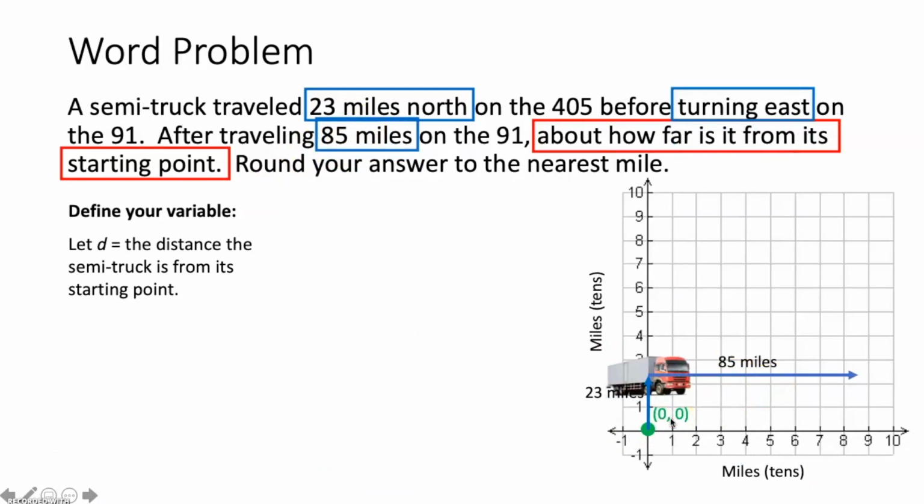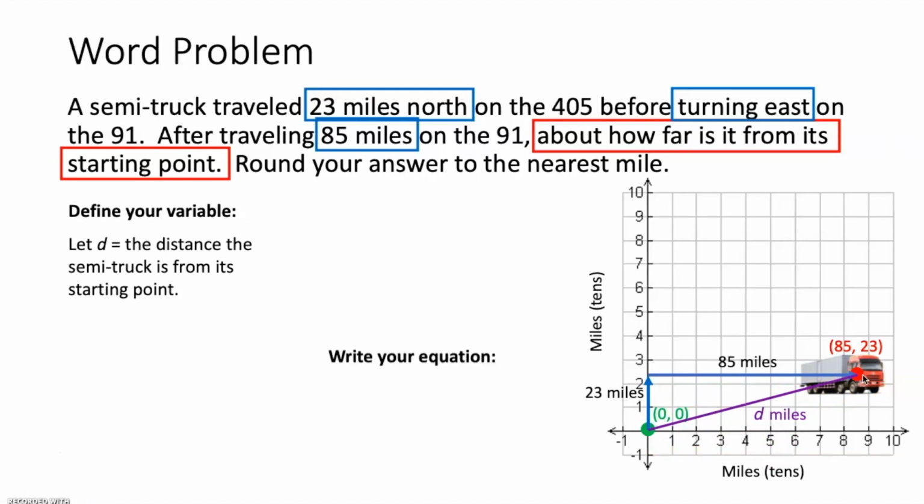We then figure out, where is it now? What point is this? Well, this point would be over 85, right? So it'd be 85, comma, and then up 23. So 85, comma, 23. That's this point. And I want to find the distance between the starting point and where it is now. So the distance between these 2 points will require the distance formula. There we go. Now I see what we're going to do.